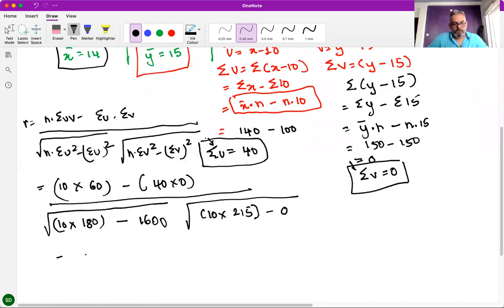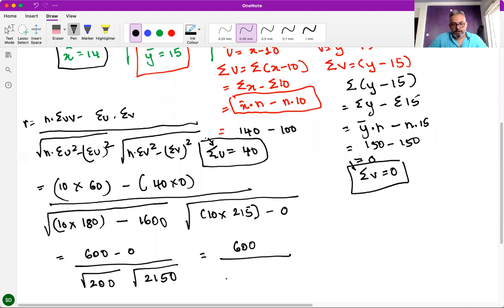which is equal to 600 minus 0 upon under root of 1800 minus 1600, 200, under root of 2150, which is equal to 600 upon under root 200 into 2150.